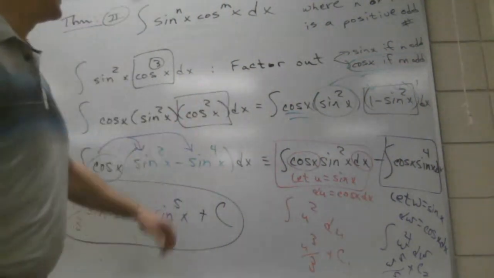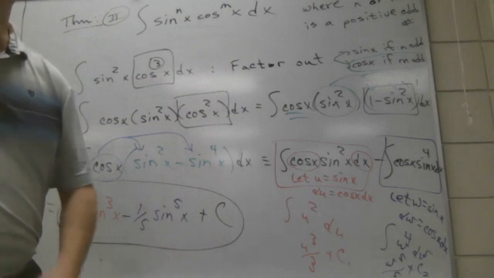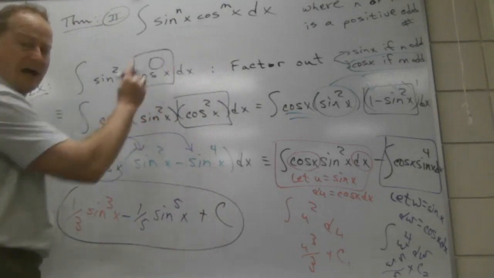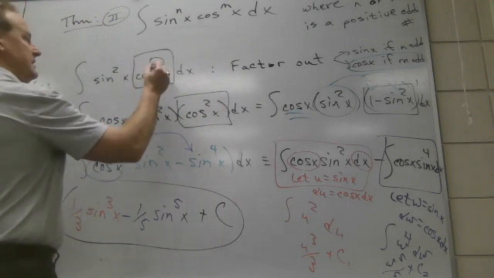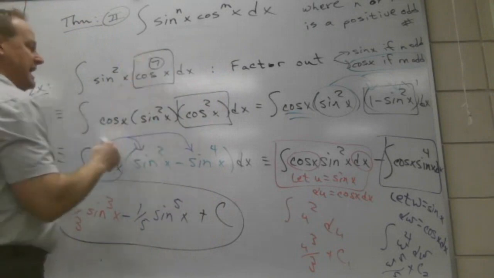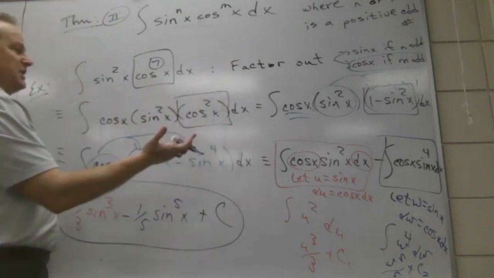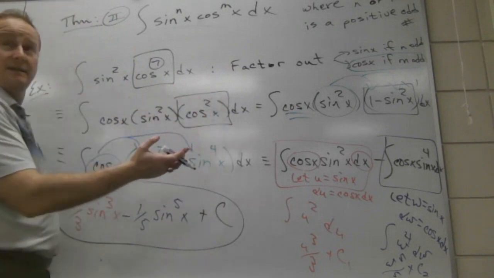Okay, so real quick before I stop this, and you don't have to write this down, but let me just change the problem. If I made this cosine to the 7th and I factored out a cosine, what am I left with? I'm left with cosine to the 6th, right?